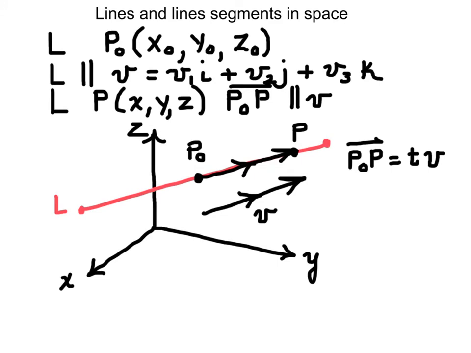Okay, so I shifted this up so I could fit in an expanded form for vector P naught P equal to t v.